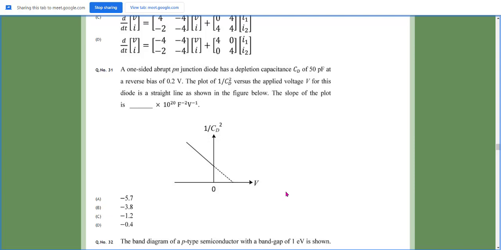So V plus 0.2 will be there, and the CD value will be dependent as a square root of that voltage. So when you do CD square, it will become proportional to V, and from there when you solve it you will get a relation between CD square and V, and from there the slope will come.